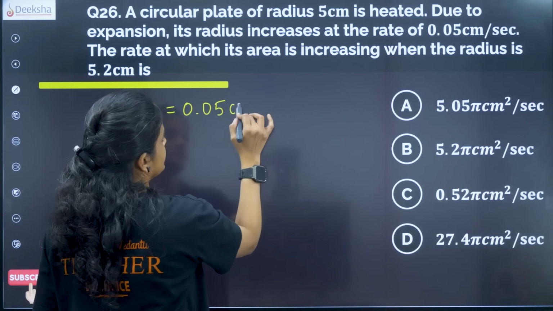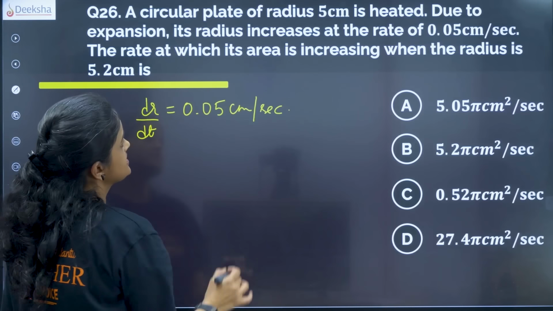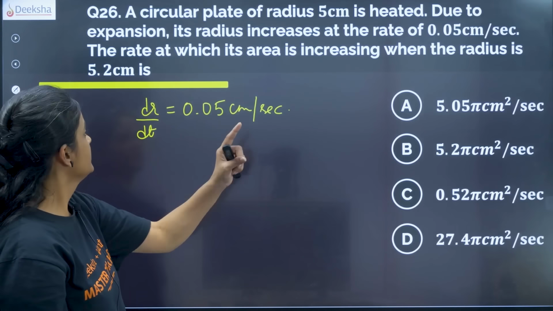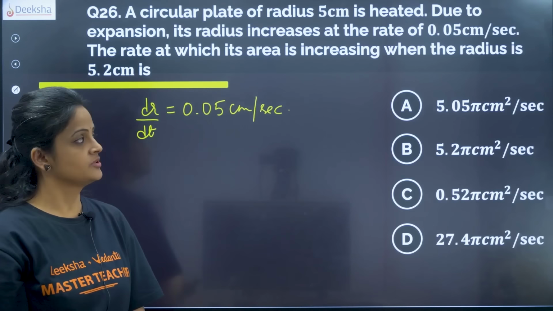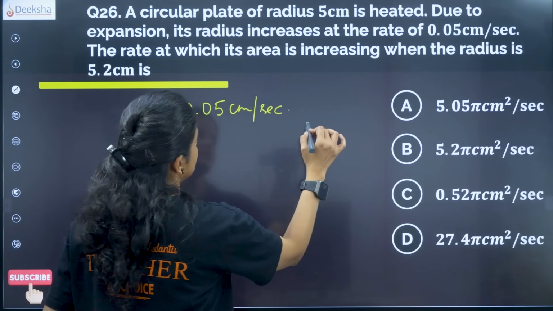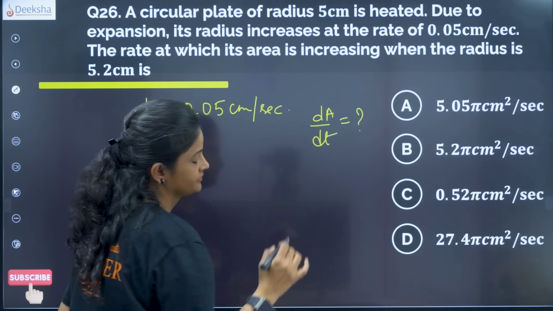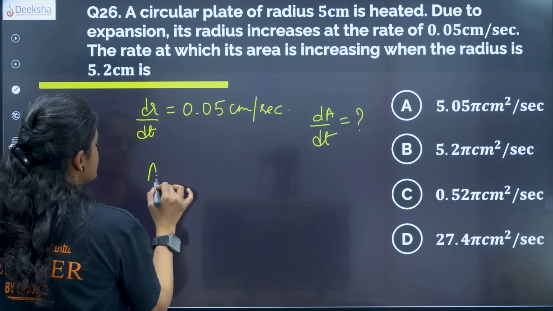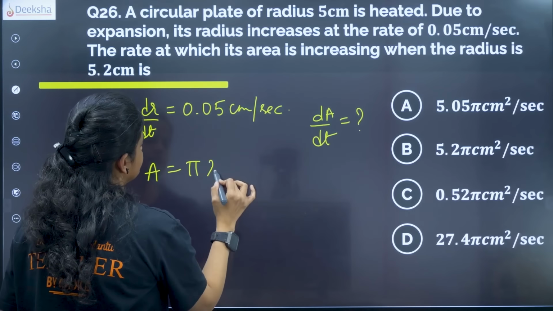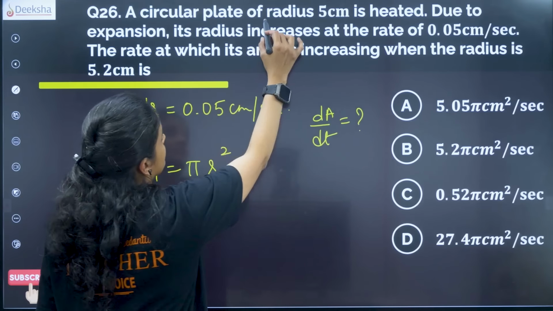0.05, and then the rate at which its area is increasing when the radius is 5.2 centimeters. So the rate at which the area is increasing, that is dA by dt, is what I need, right? So A is equal to pi r square, and they have given the radius.